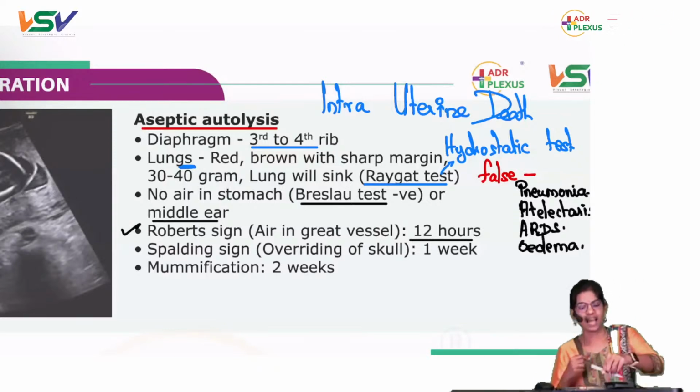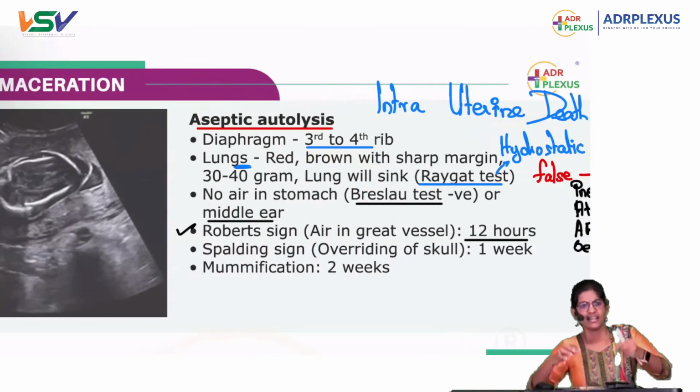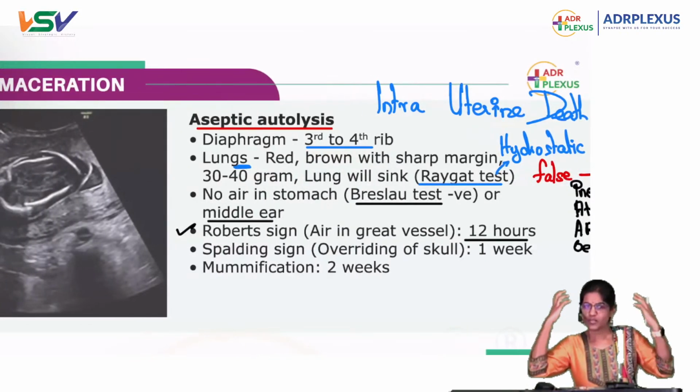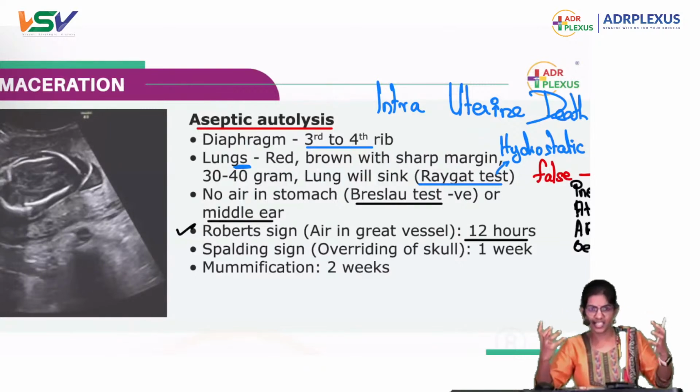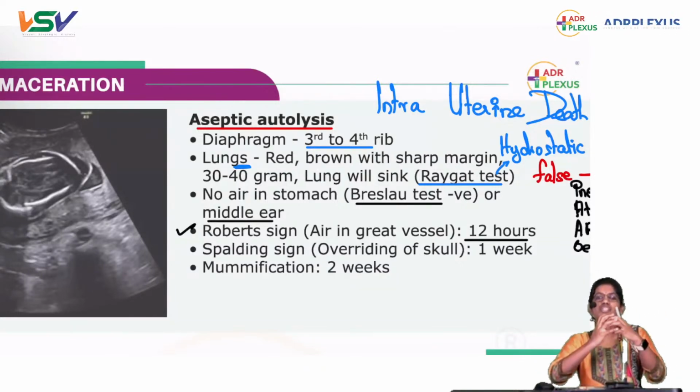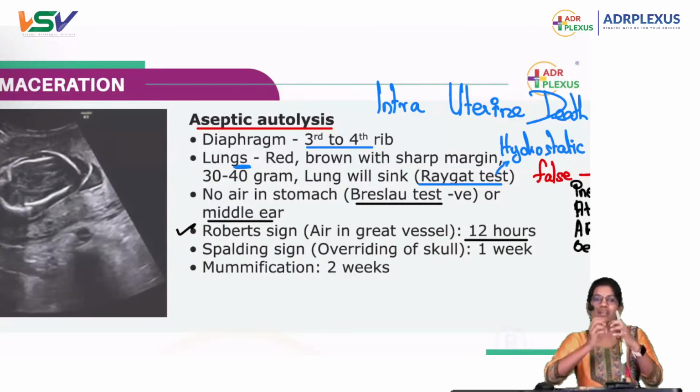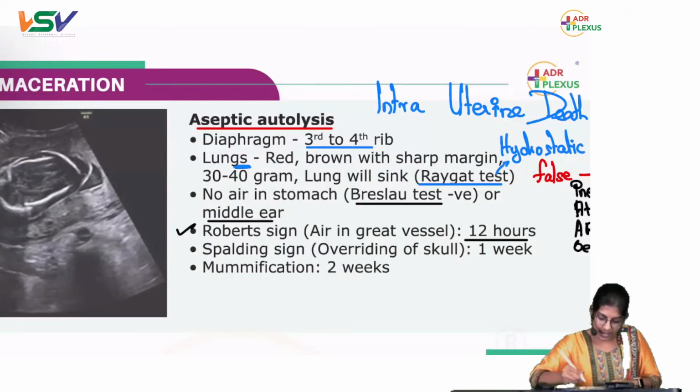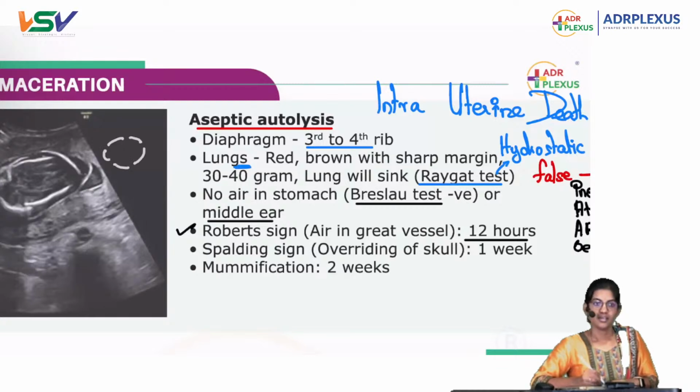Not only that, as days pass by, the brain matter, no more having pressure, gets liquefied, the brain collapses and the skull bones tend to overlap. Overriding of the skull bones. So here you can see, if you see the proper skull bone, it is supposed to be like this, right?